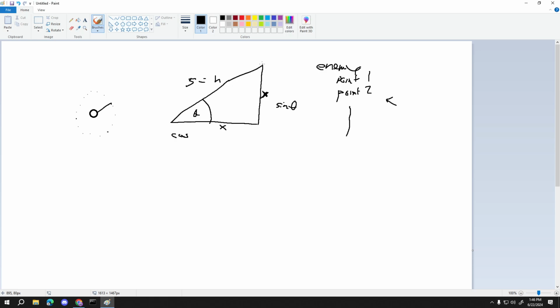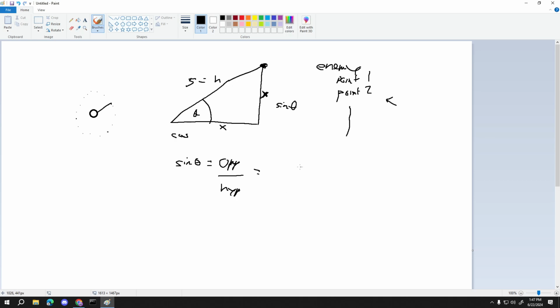So how do we know what this point is? You have sine and cosine. Remember, sine theta is opposite over hypotenuse.